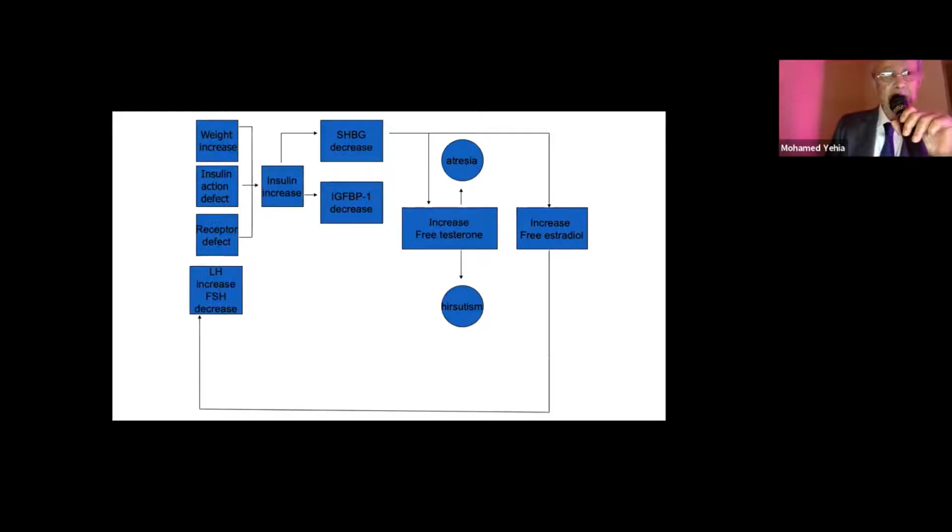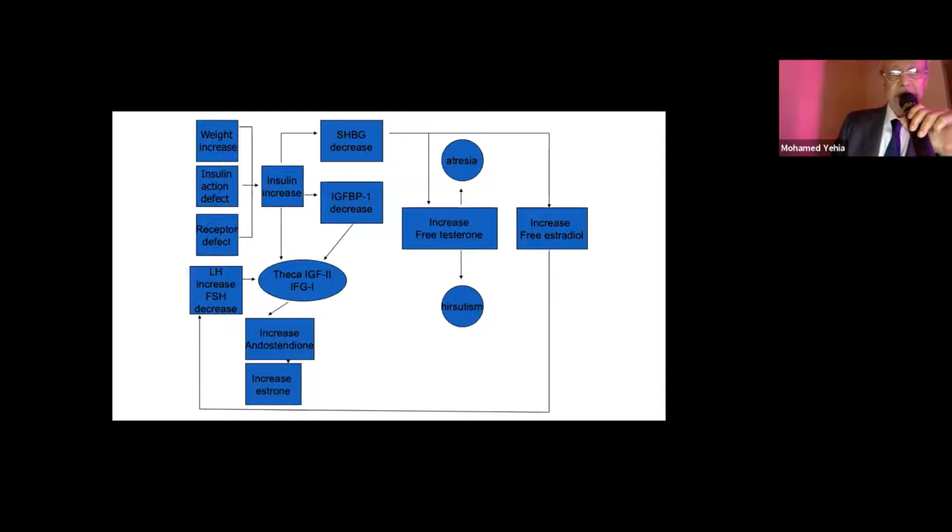This in turn will induce an increase in LH and a decrease in FSH, and the increased LH will act on thecal cells together with the insulin and insulin growth factor, which leads to increased androstenedione, which increases estrone, and this will actually work to increase free testosterone, leading to the same effects.